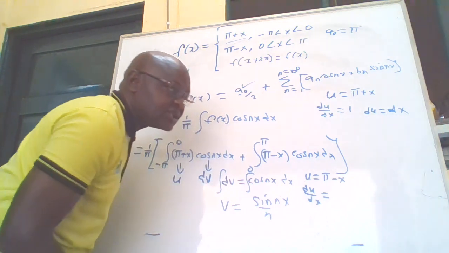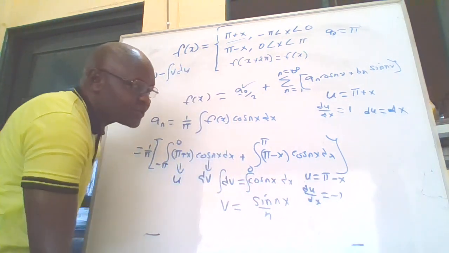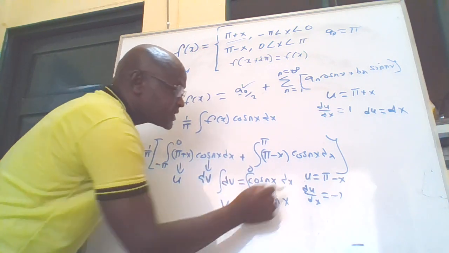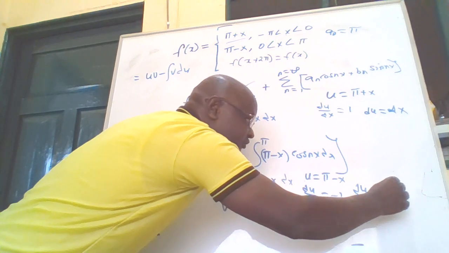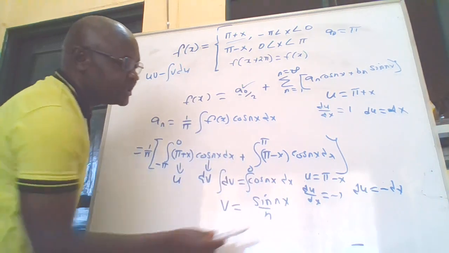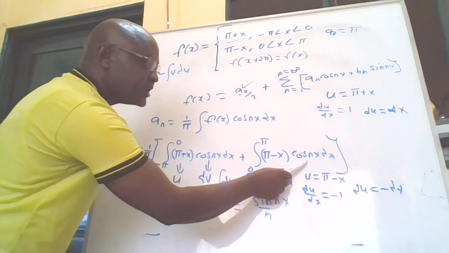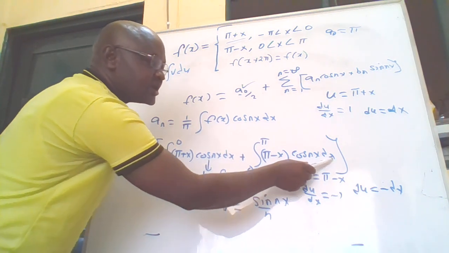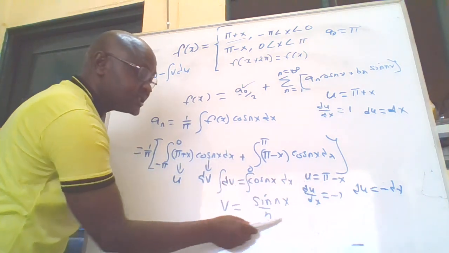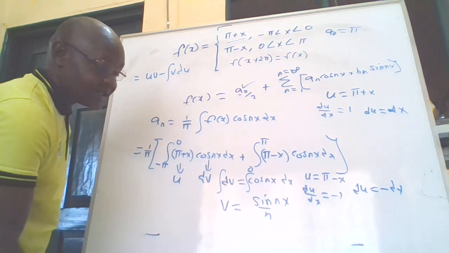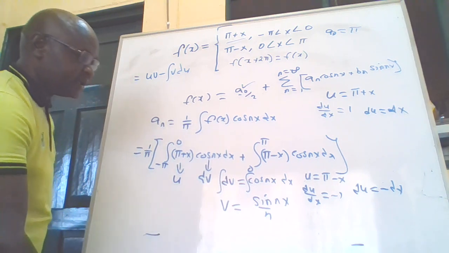When you differentiate negative x with respect to x, you get negative 1. So du dx equals negative 1. So at this point, du equals negative dx. And then our dv is cos nx, but you can see that this one is the same as that one. So v at this point is the same as that one. In other words, it is sin nx over n.